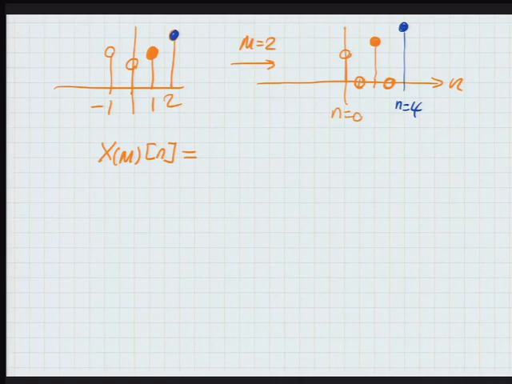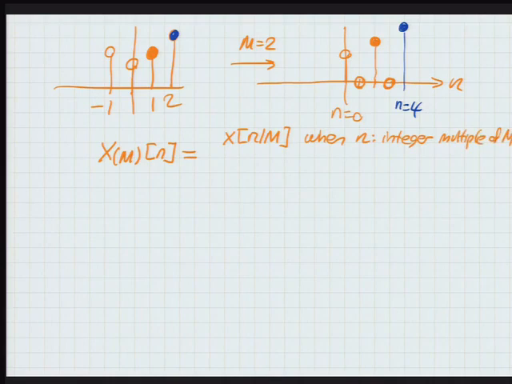The way to define this would be to say the stretched signal is equal to x of n over M when n is an integer multiple of M, right? Does that make sense?